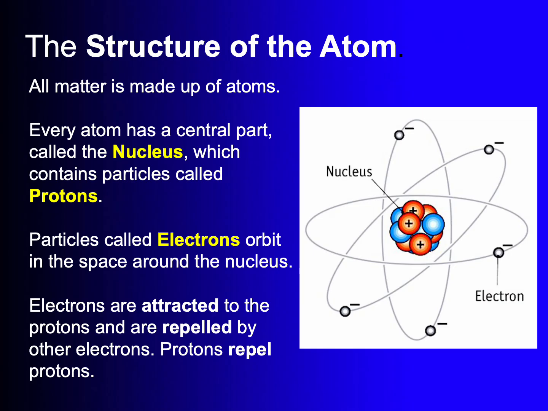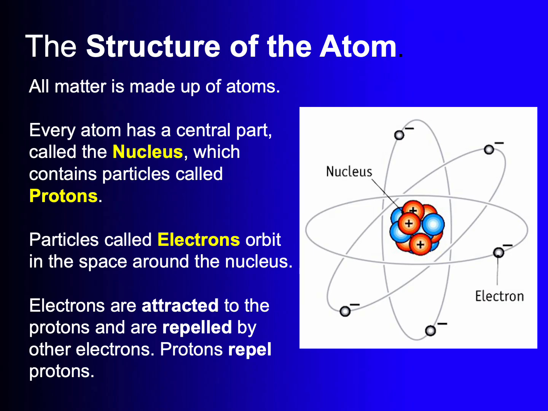In the centre of the atom, we have the nucleus, and there are two subatomic particles that live in the nucleus. The protons, they're positively charged. The neutrons live in the nucleus as well. And then in orbits or shells or clouds surrounding that centre nucleus, we have those negatively charged electrons orbiting, okay?